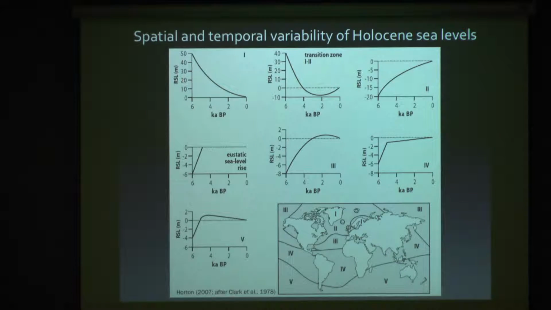This is related to the collapse of the proglacial forebulge that was created from these large ice sheets. And finally, we have far field sea level records, so type 3, 4, and 5, and these are distal to former ice centers. These locations are far enough away from these former ice centers that they're not significantly influenced by this process.